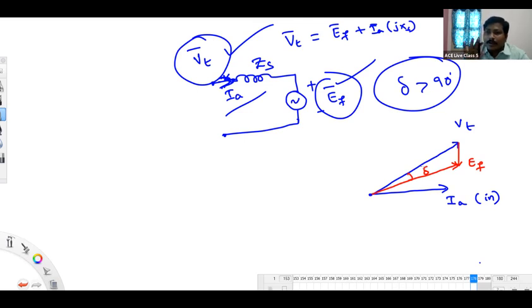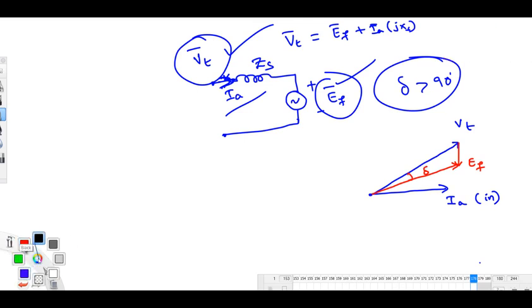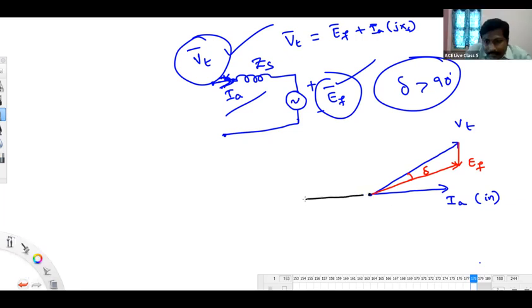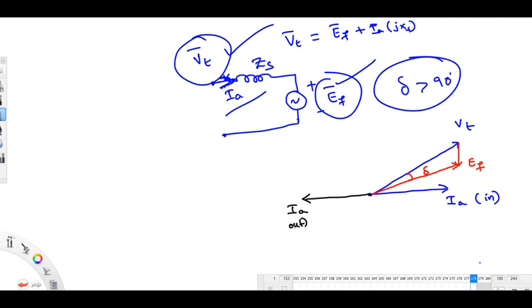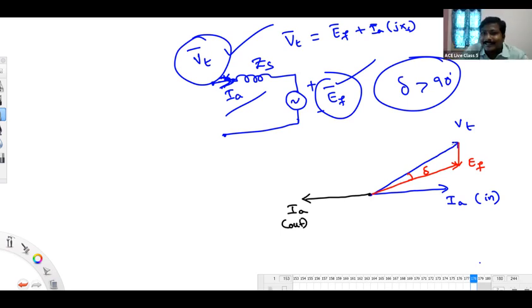Now what you want to do? You want to take IA in the opposite direction, means minus IA. I will show that in black. This is minus IA, so it is IA outward. Now where is your VT? VT is in this direction only, right?